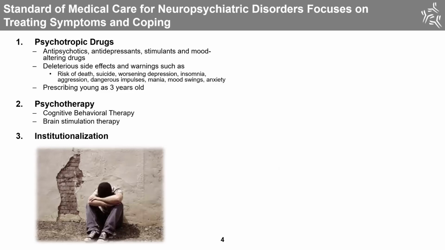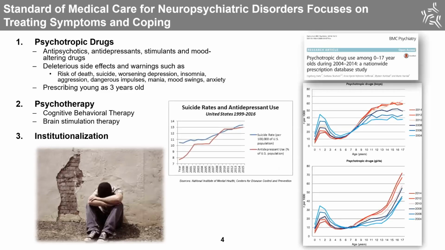And with the advent in the 50s of psychiatric drugs, there's been quite a bit of growing use of them. If those don't work, or in conjunction with things that can work, psychotherapy, and then ultimately, if none of those work, institutionalization. The challenge is that often what accompanies that is increasing suicide rates, or black box warnings from the FDA indicate the risk of suicidal ideation, and it is something to be aware of.